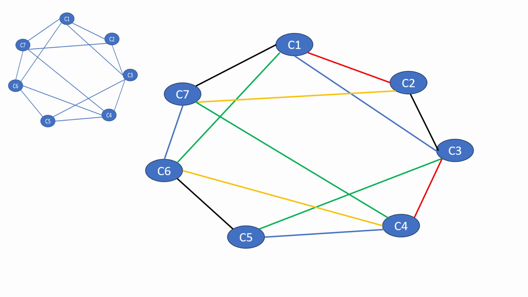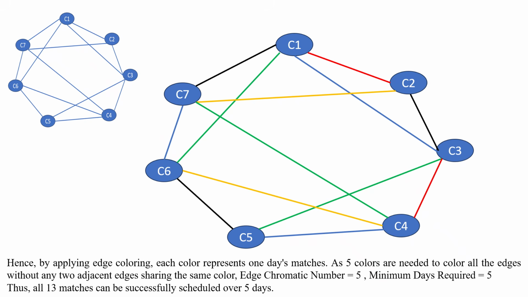So here there are five colors: red, orange, green, blue, and black. 5 colors, these are all the minimum number of colors required. The edge chromatic number is 5. Minimum days required is 5.